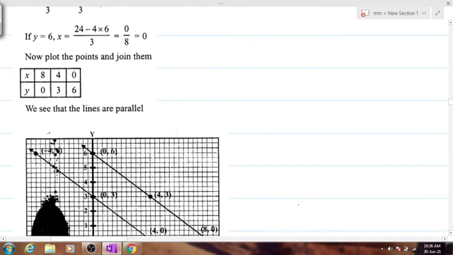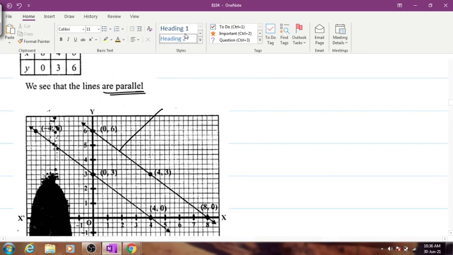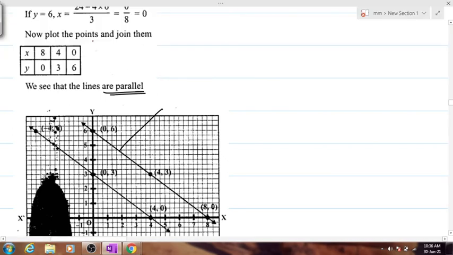Here we come with the solution over here. It's a parallel graph. How many have got a graph in which the lines are parallel? This is the type of graph. Now I would like to ask you, what is the type of solution over here?